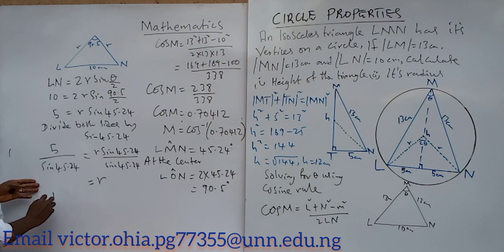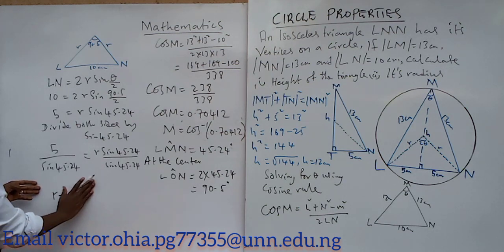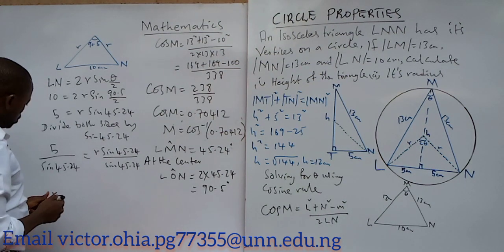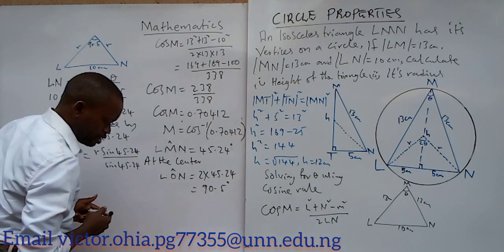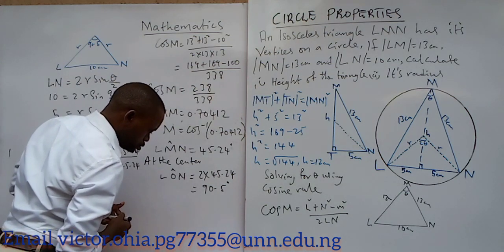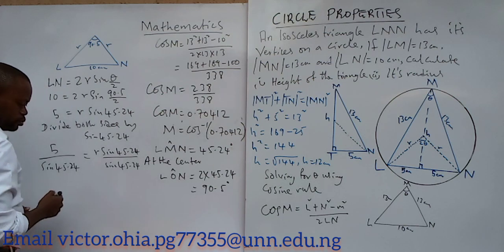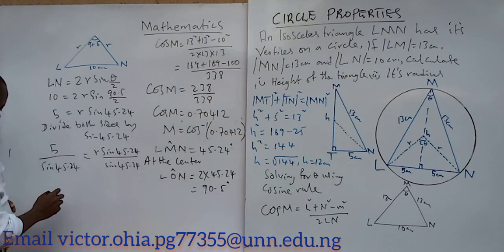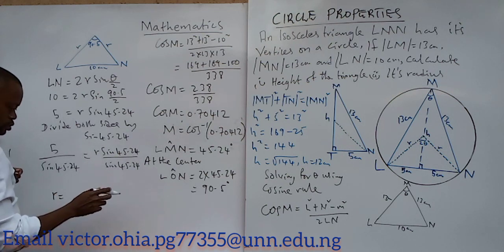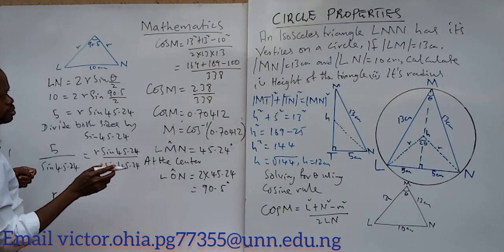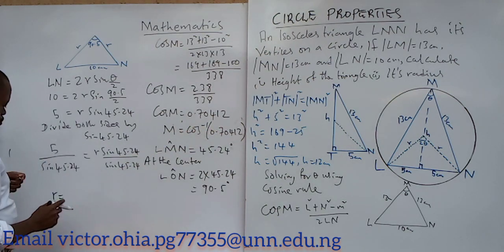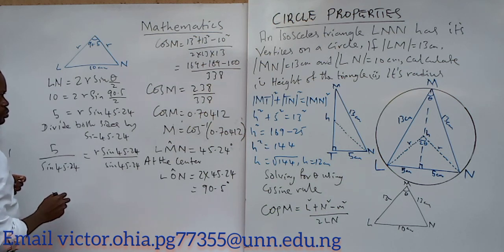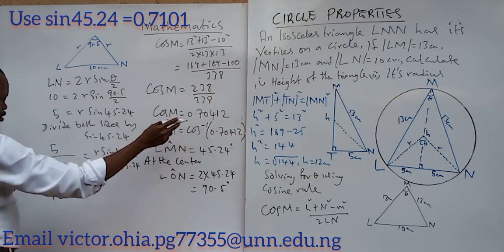So let me say r is equals to 5 over sine 45.24. Sine 45.24 is just the reverse of what we had before, when we calculated cos m.